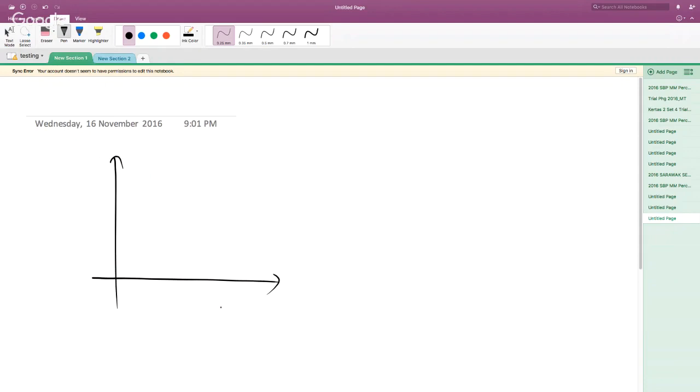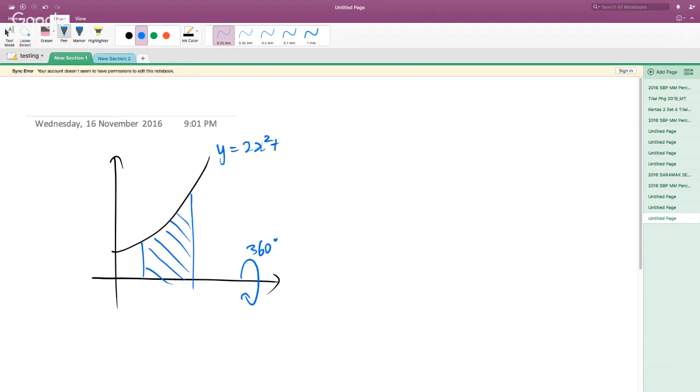The first part is, if I have a curve that looks like this, and I tell you this shaded area is rotated about the y-axis through 360 degrees, and I want you to find the volume of it. What I will do is take an equation randomly, it can be any equation, maybe y equals 2x squared plus 5. It doesn't matter.